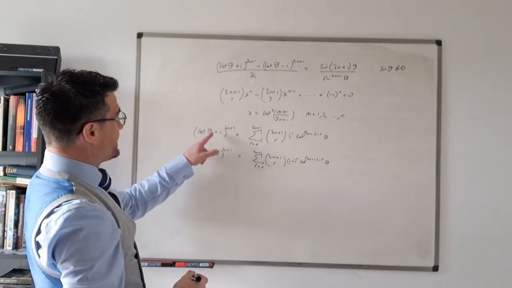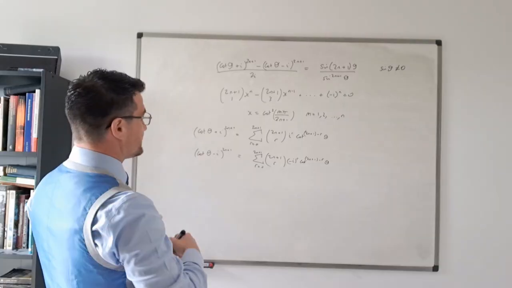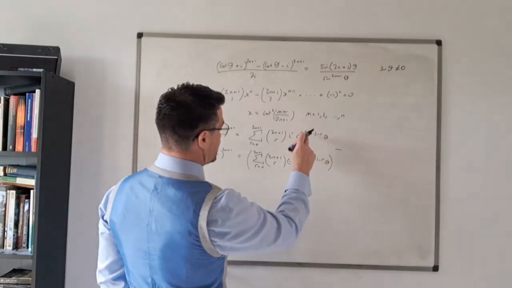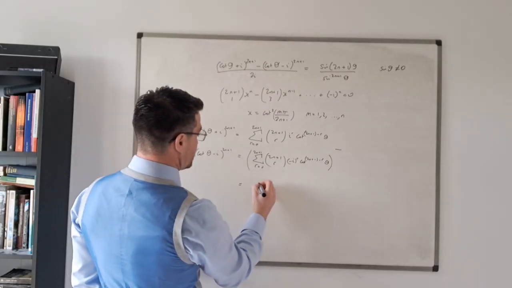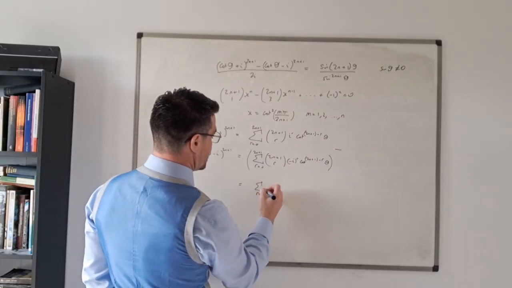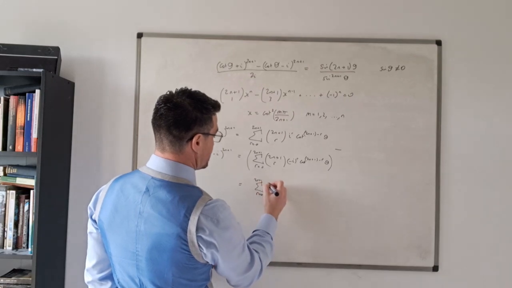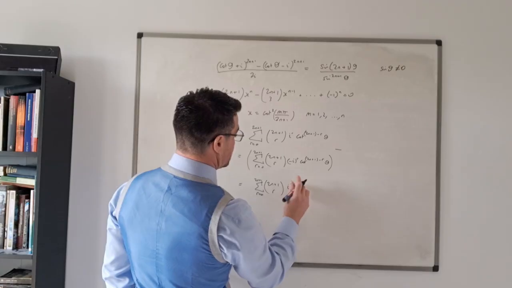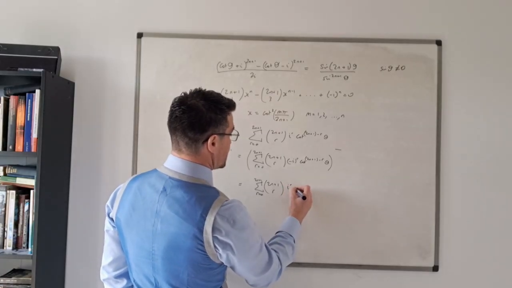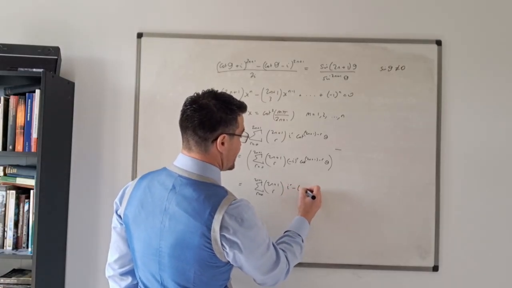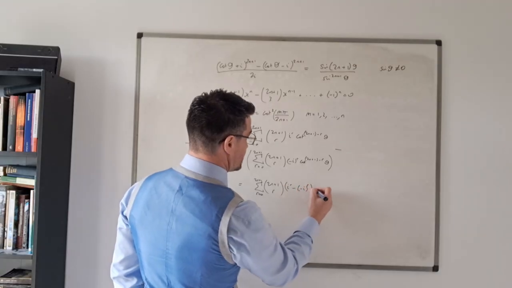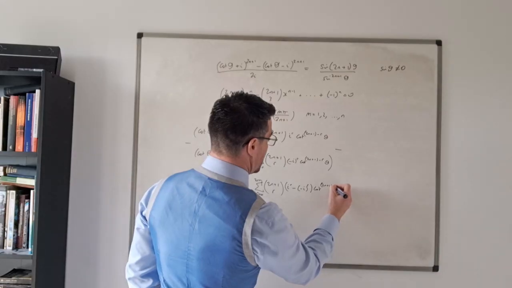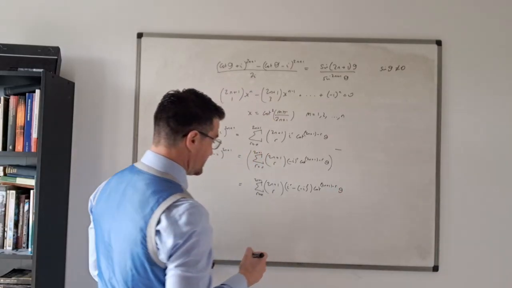So we need to do this minus this. This minus this is going to be equal to the sum from r equals 0 to 2n+1 of (2n+1 choose r), and it's going to be i^r minus (-i)^r times cot^(2n+1-r) theta. Okay?